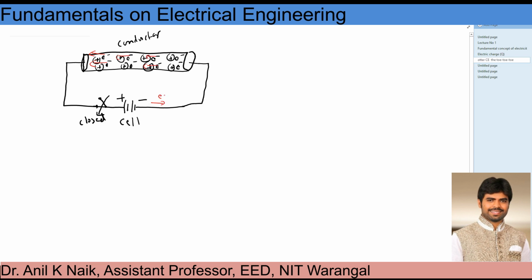These negative electrons move in this direction, going towards the positive terminal of the cell. The electrons are moving from the negative terminal to the positive terminal, but the current direction is the opposite.